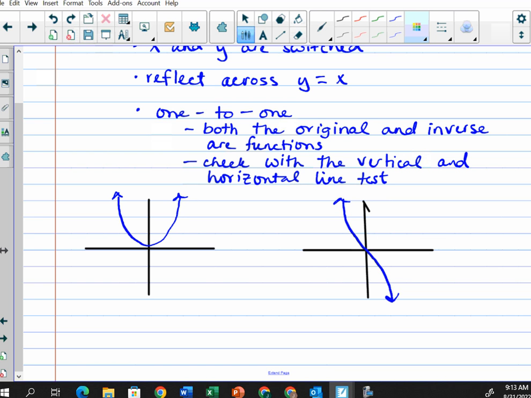Do you agree? If it goes through it more than once, good job, yes, the horizontal line test. You guys know the vertical line test to see if something's a function. Both of these are functions. The horizontal line test: if it touches it more than once, not one-to-one. What about the second one? Yes, one-to-one. Simple, but I want to make sure you remember.